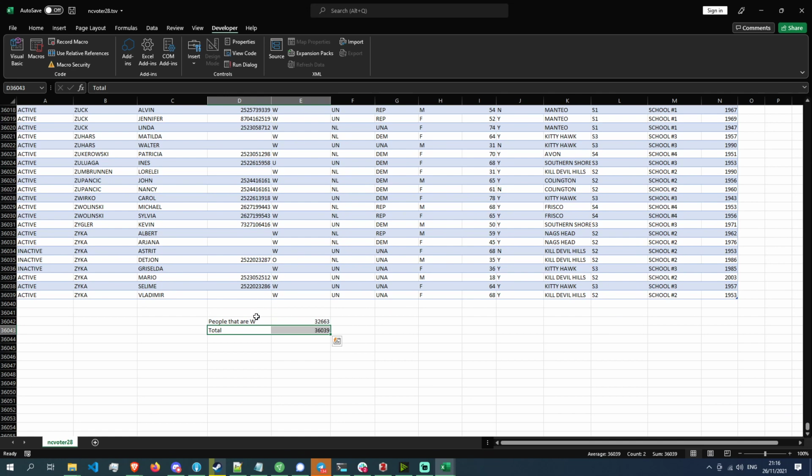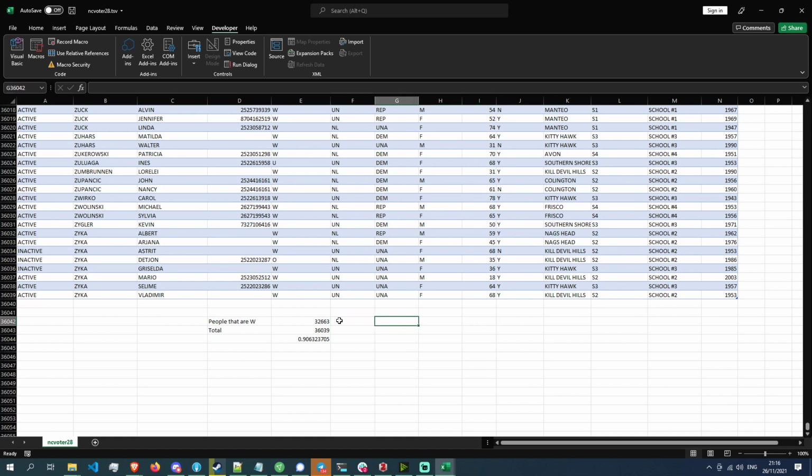Indeed. So it is this divided by this. 90%, or technically 90.6% white people. That is statistics.